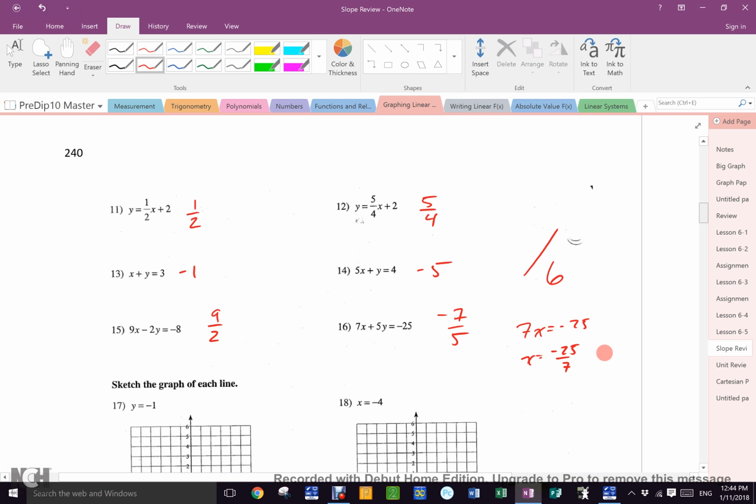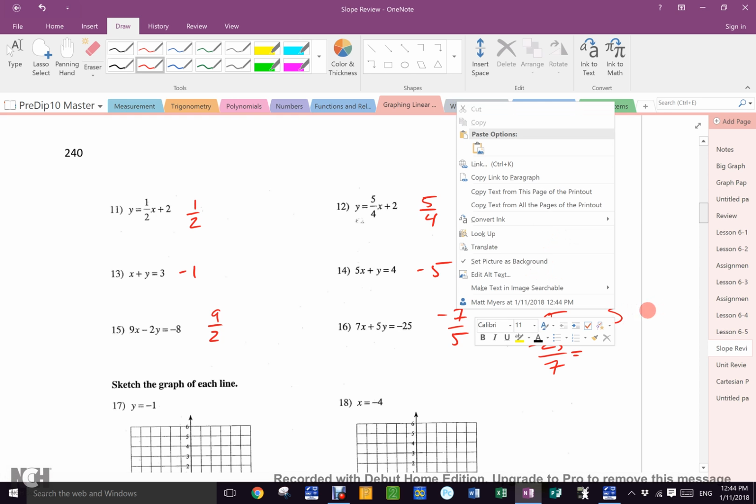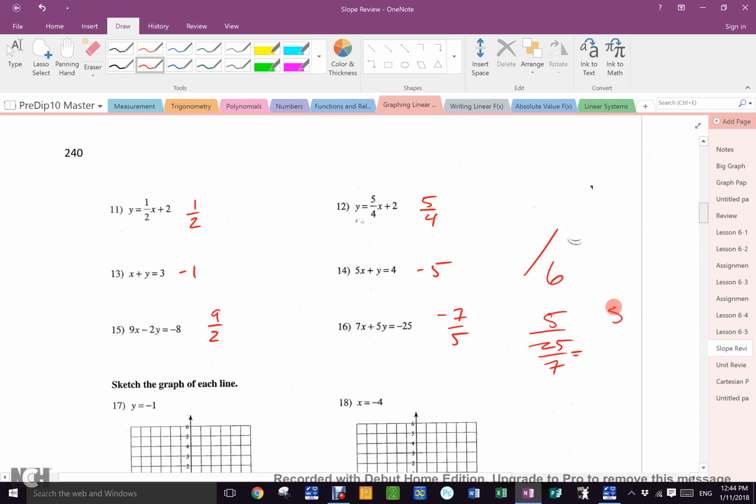And I got 5 over 25/7. 5 over 25/7 is the exact same as 5 times 7 over 25, which is 35 over 25, which is 7/5. But it had to be negative.